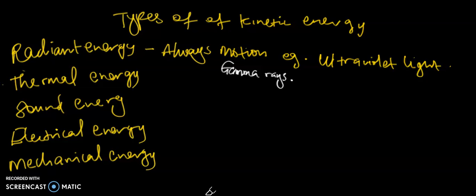What is thermal energy? Thermal energy is also known as heat energy. Why? Because it is generated due to quick motion of atoms when they collide with each other. So there is collision. We can talk about an example of this as a hot spring. An example of thermal energy is a heated swimming pool.